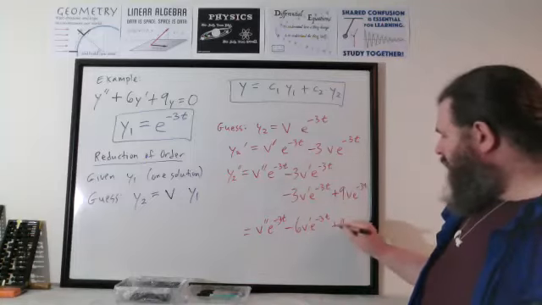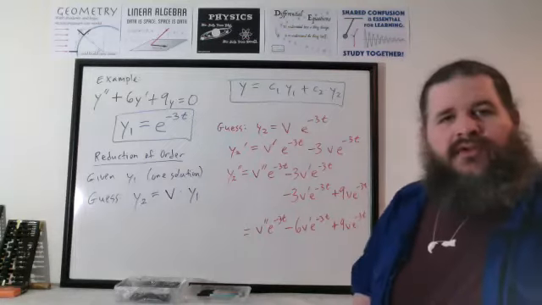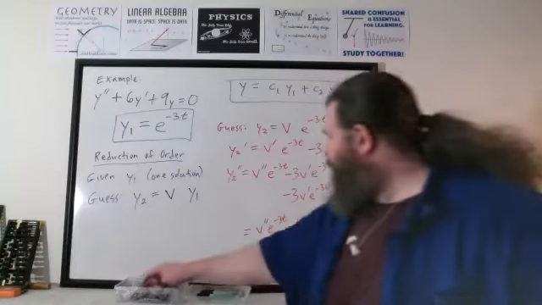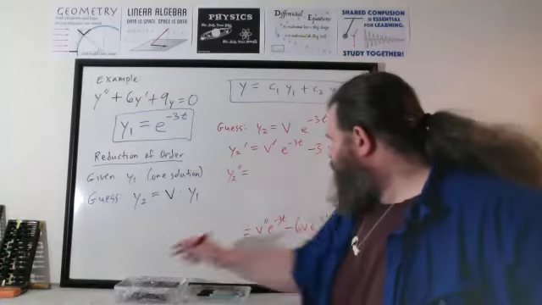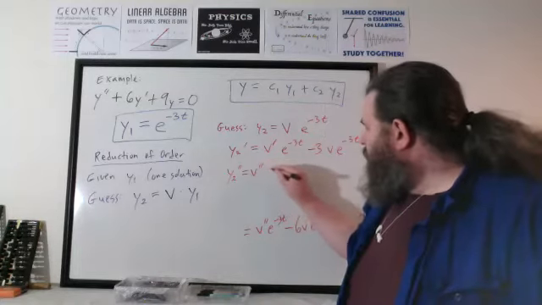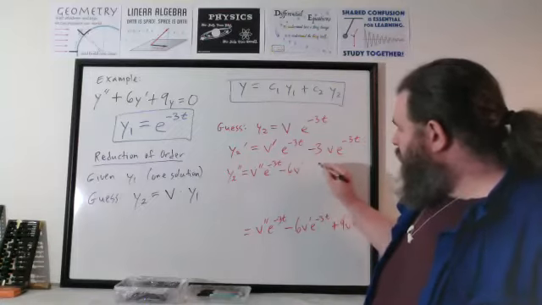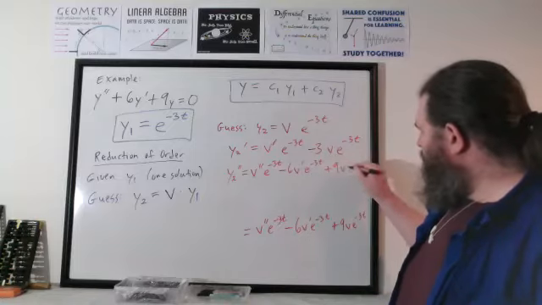And lastly, the +9v e to the -3t. So that's our y2 double prime, the second derivative of our guess. Fill that in up here. V double prime e to the -3t minus 6v single prime e to the -3t plus 9v e to the -3t.